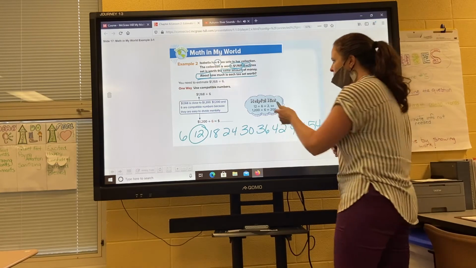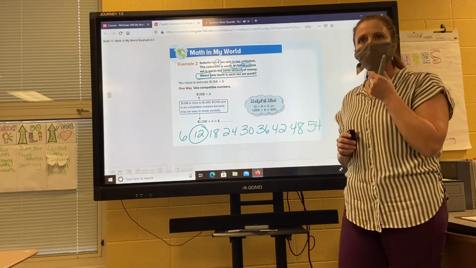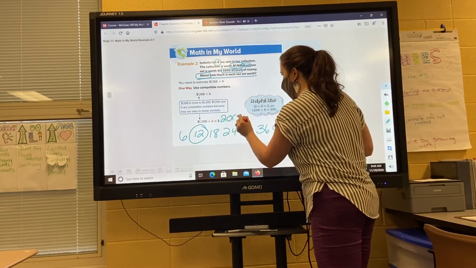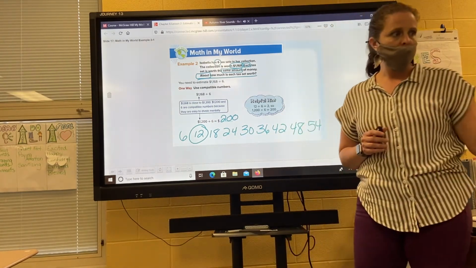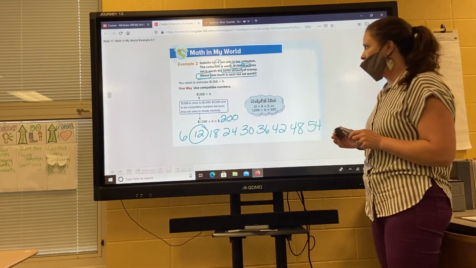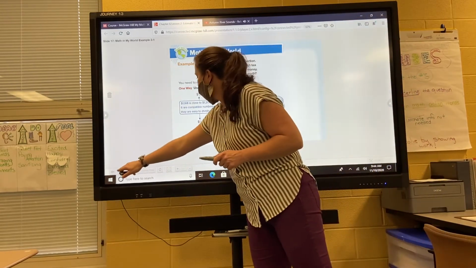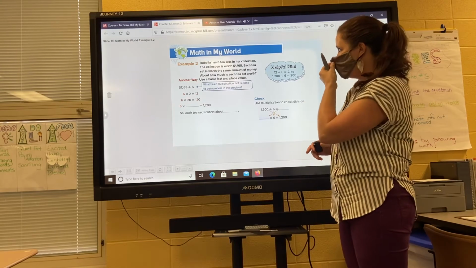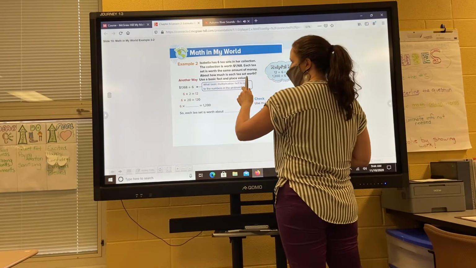So 12 divided by 6 is 2. So what's 1,200 divided by 6? $200. All right, is everyone good? Another way, which is what we did, is to use a basic fact and place value.